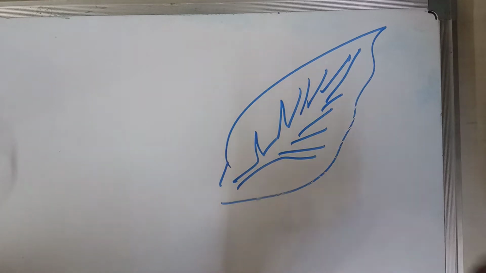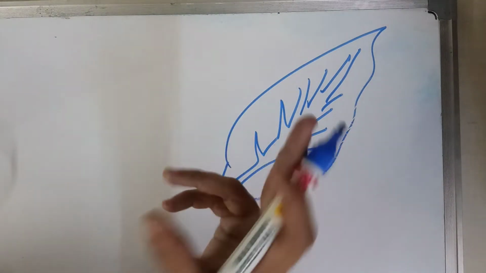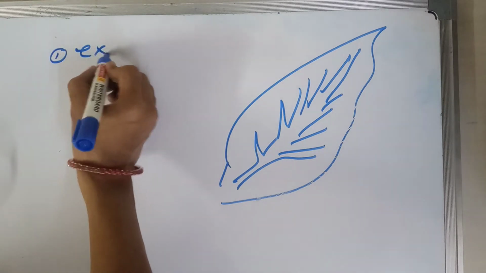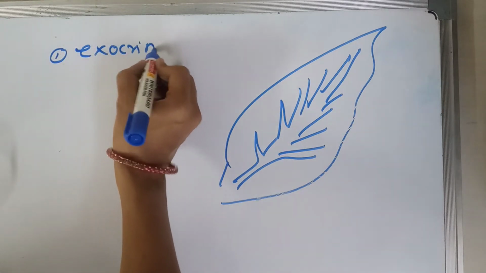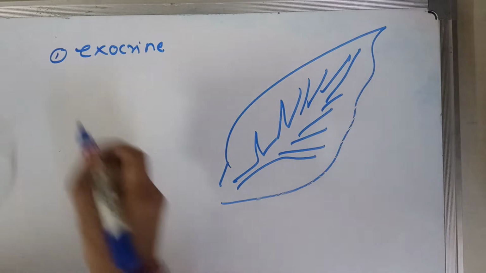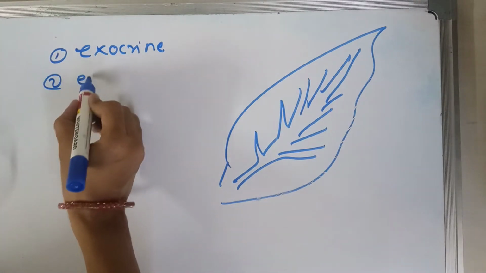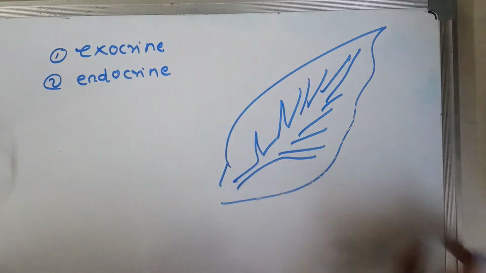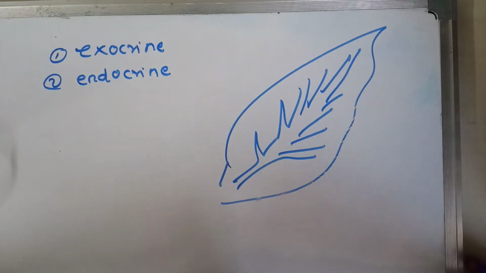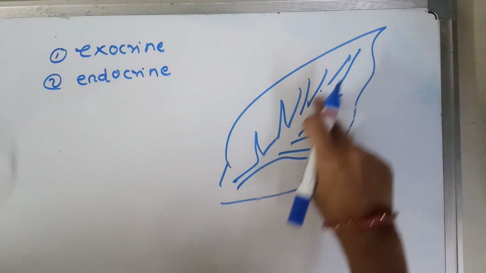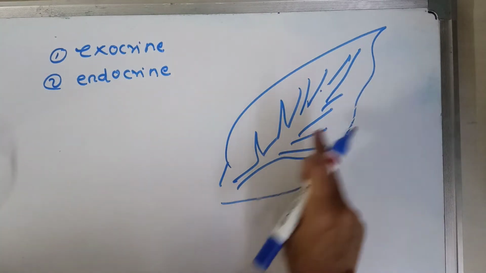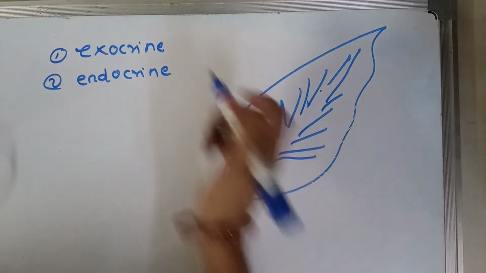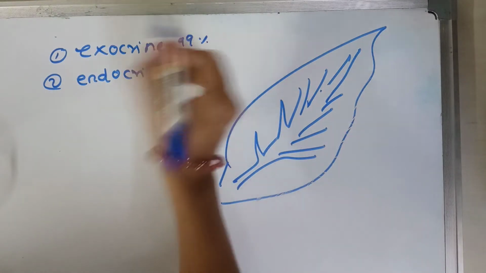Heterocrine type of gland means it has two types of tissues. One, exocrine type of tissues. Second is endocrine hormone-producing tissues. Okay, if we see, this middle part, a leaf-like structure, is your exocrine type of tissue, which is 99%.